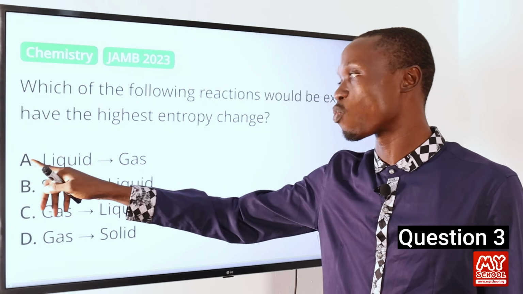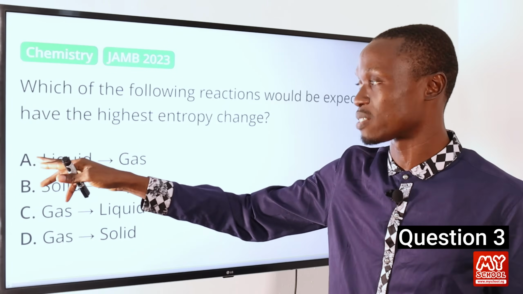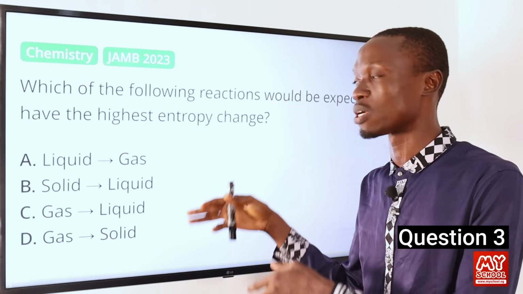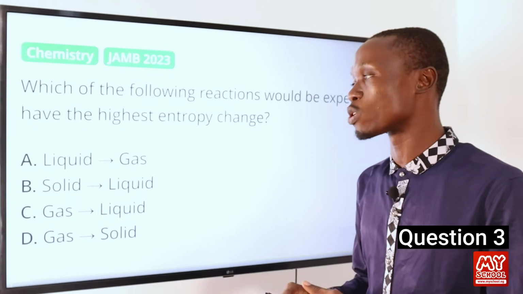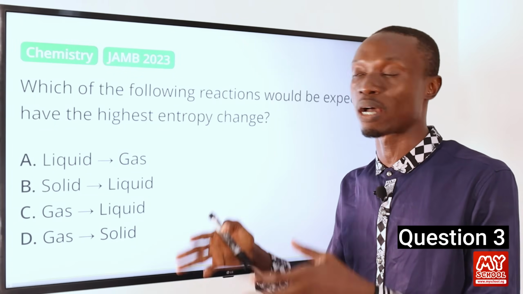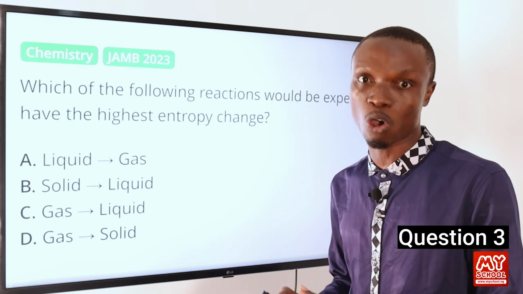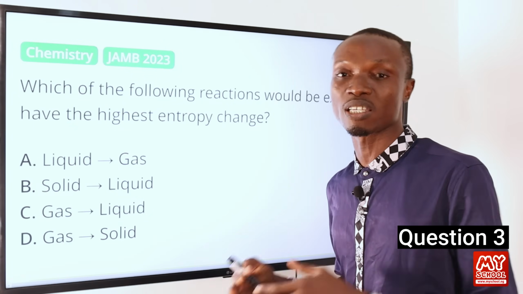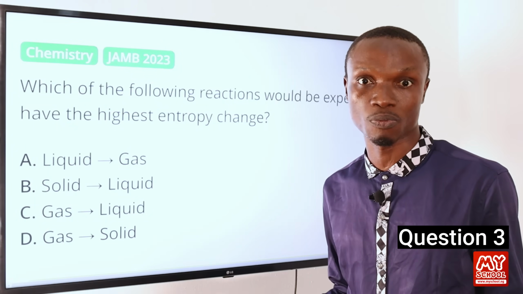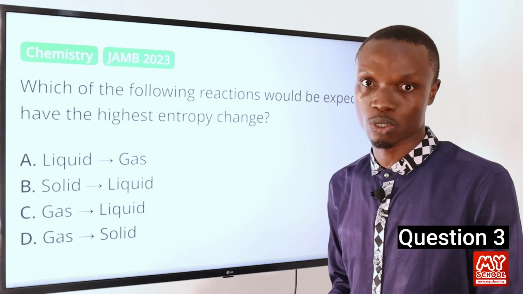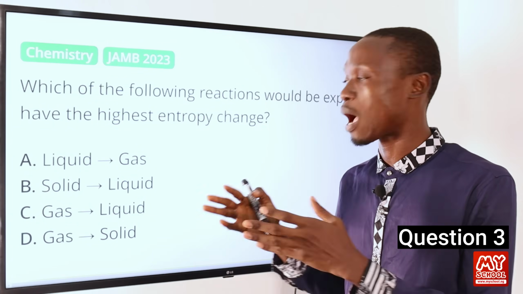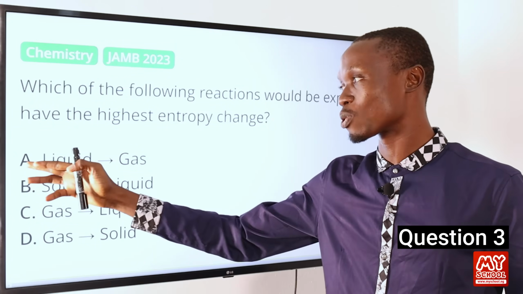But for option A, when a substance is changing from liquid to gaseous state, definitely the molecules are free to move about freely. So the transition from liquid to gas involves more chaotic movement of molecules, and this leads to higher entropy. So option A is our answer.